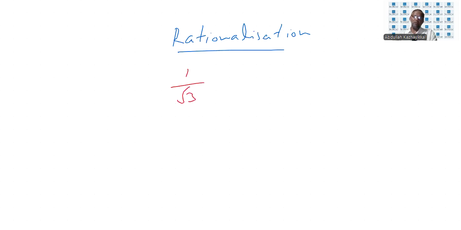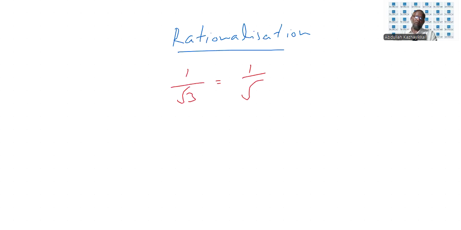I can rationalize it because I don't want irrational numbers in the denominator. Before I told you, denominator is very important for fractions or rational numbers. Now here, irrational denominator, I can change into rational number. That is called rationalization.